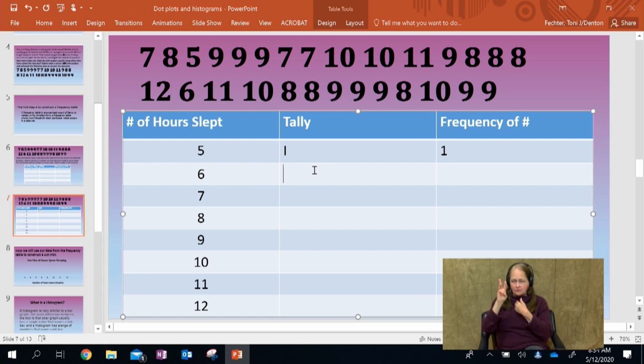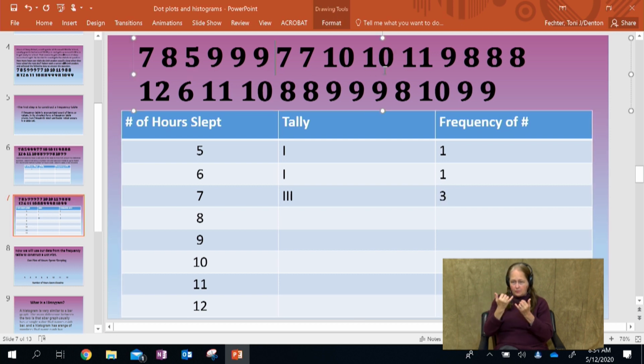So we're going to put 1 six and put the number 1. Now let's take a look at 7. We have 1, 2, 3, 3 sevens. So we're going to put 3 tally marks and we're going to write the number 3.